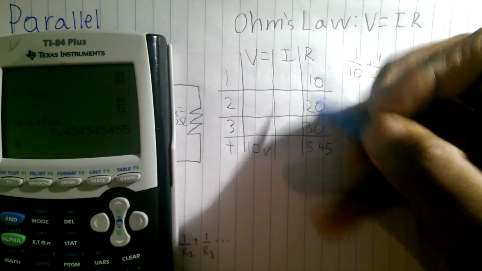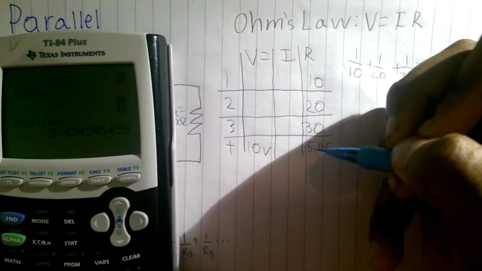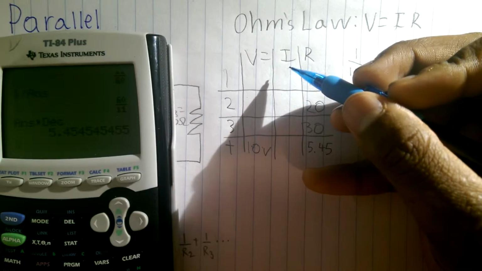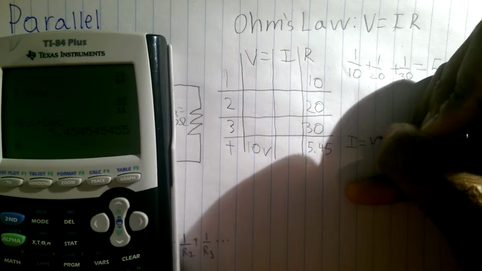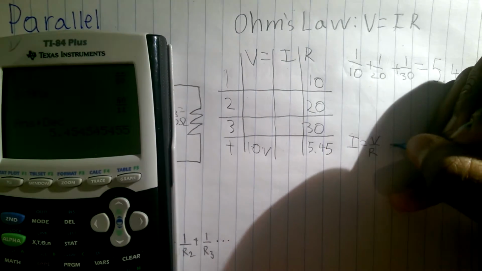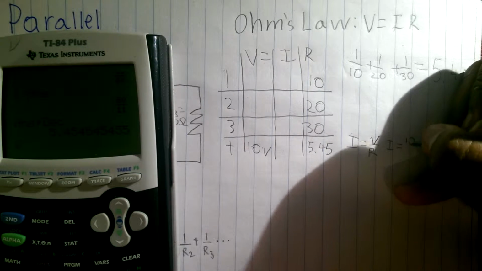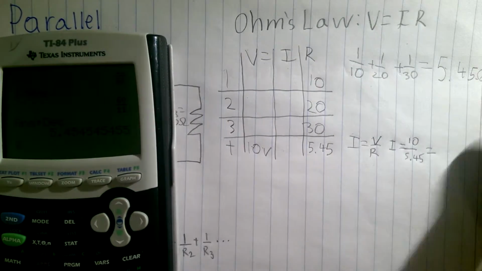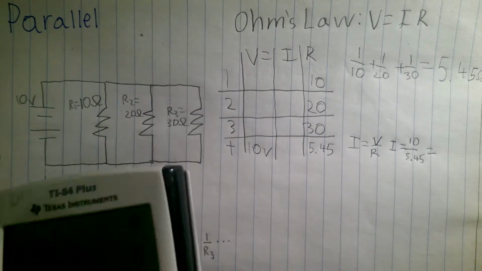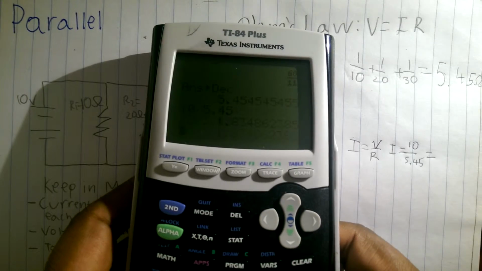Now, using this, we can calculate the total current running through our circuit. So we have V equals IR, therefore I is equal to V divided by R. Therefore, I, in this situation for the total circuit, is equal to 10 divided by 5.45, which gives you 1.83.